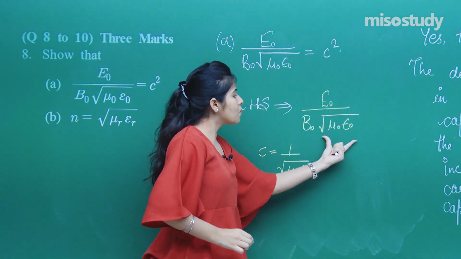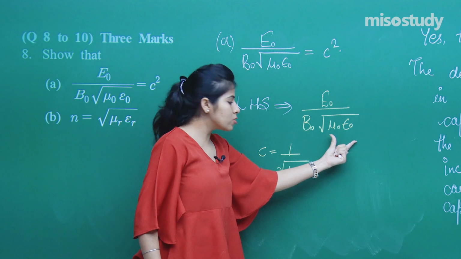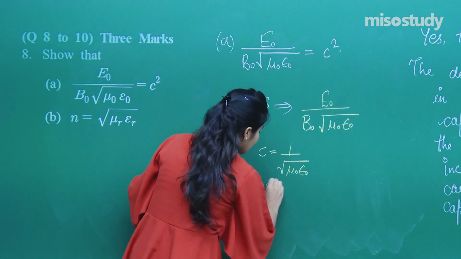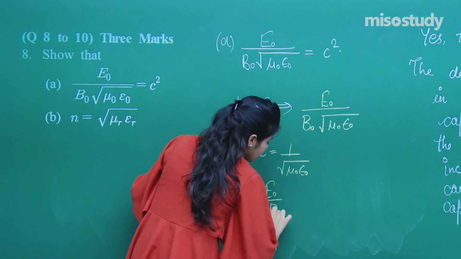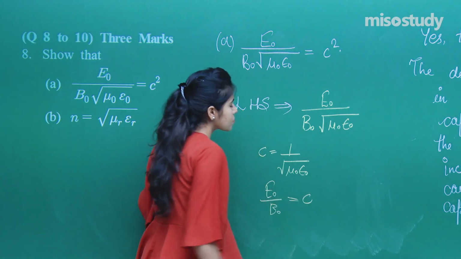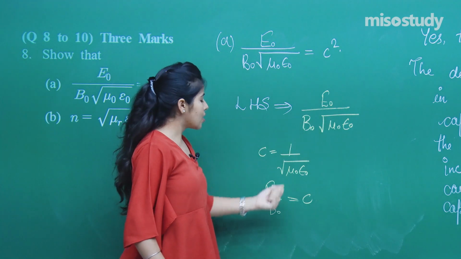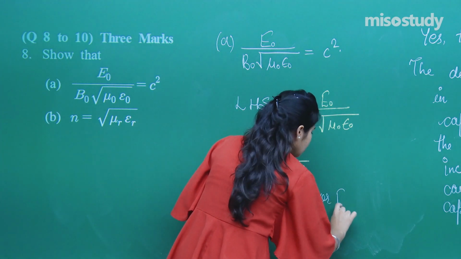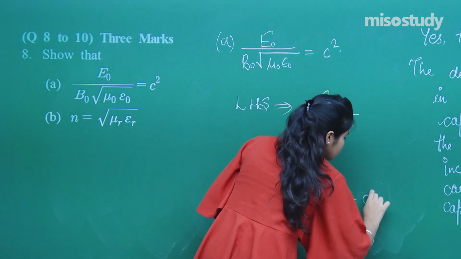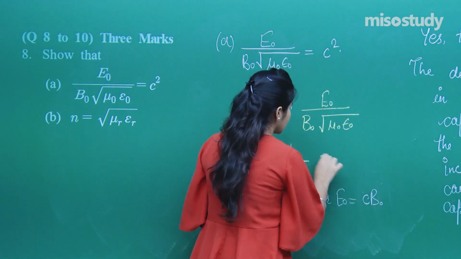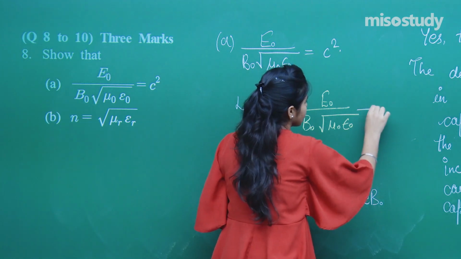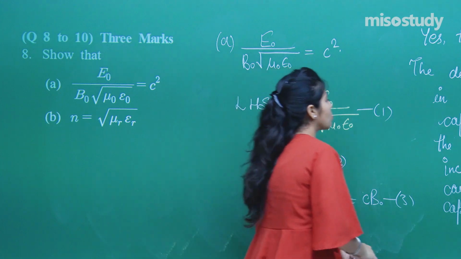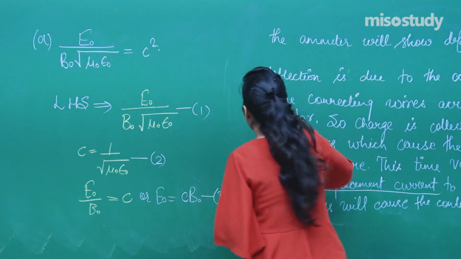So, in place of mu naught epsilon naught, I can put the value as C. Further, one more thing that we know is E naught upon B naught equals C. So in place of this, I can write E naught equals C into B naught. This is 1, this is 2, this is 3. I am going to put equations 2 and 3 into 1.